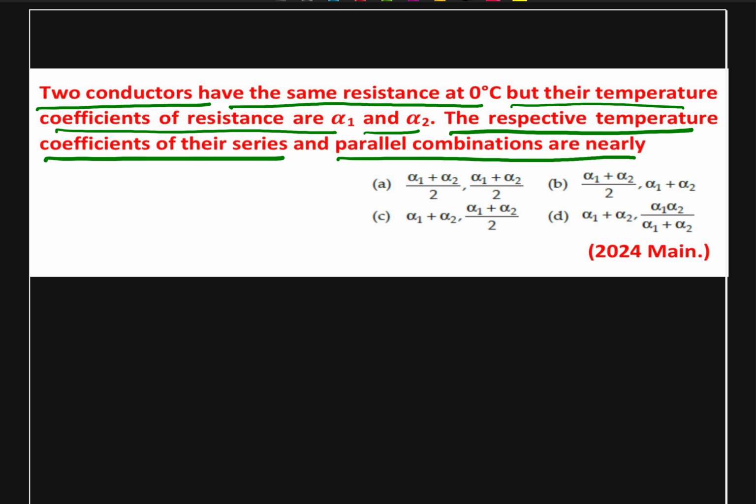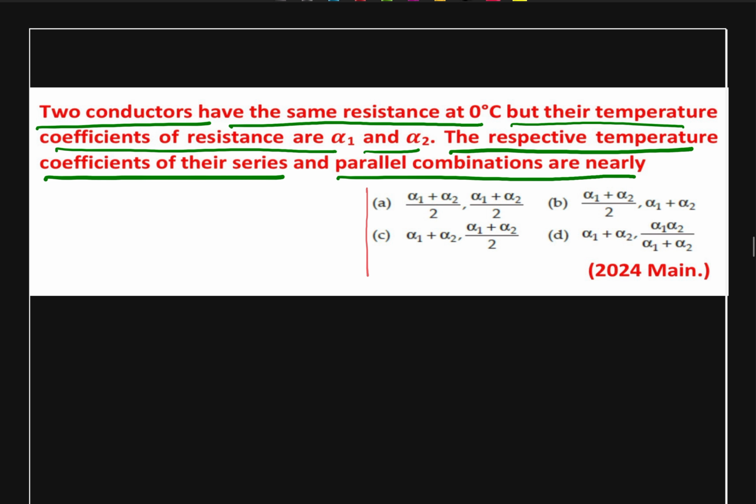So we know that, let us assume, because we have two conductors, let R1 and R2 be the resistances of the respective conductors at temperature T degree centigrade.